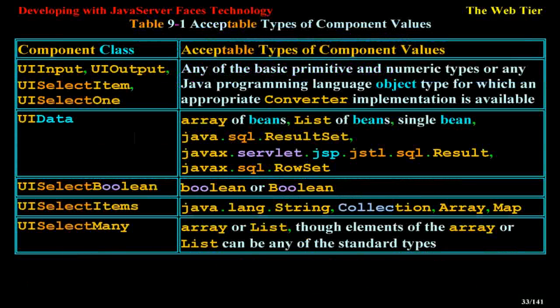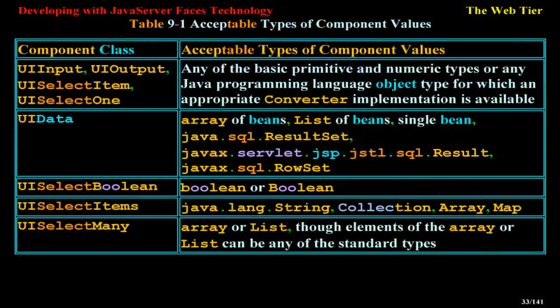Table 9-1, Acceptable Types of Component Values. Component class and acceptable types of component values: UIInput, UIOutput, UISelectItem, UISelectOne accept any of the basic primitive and numeric types or any Java programming language object type for which an appropriate converter implementation is available.